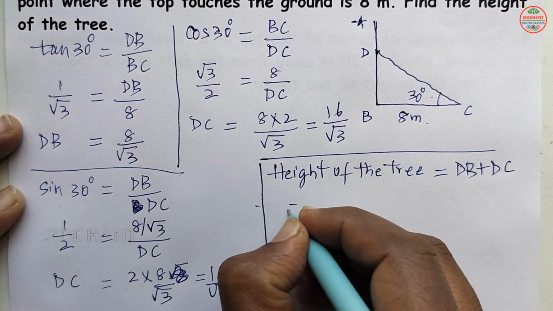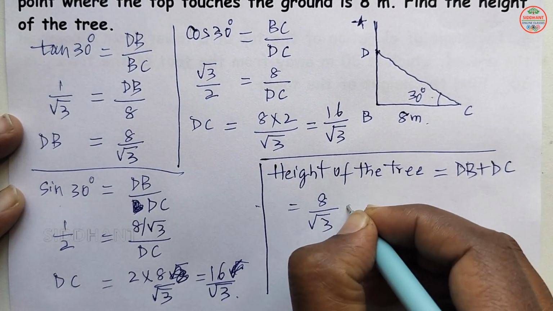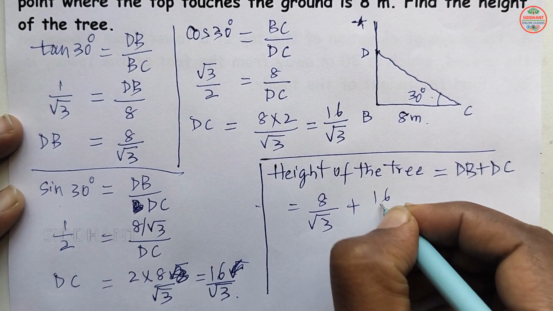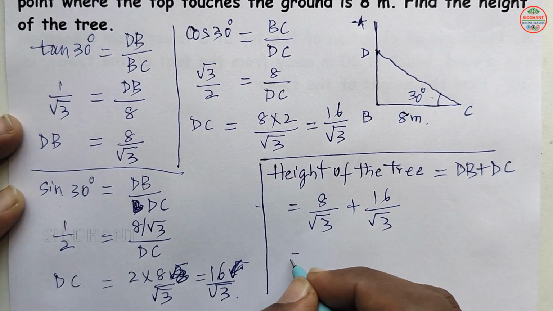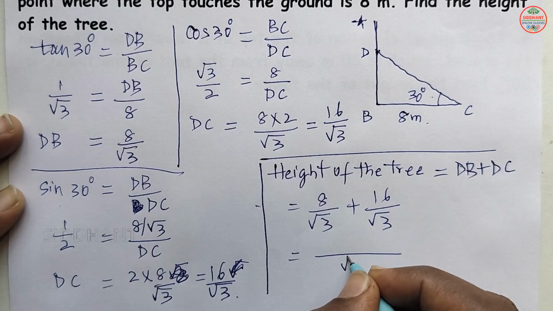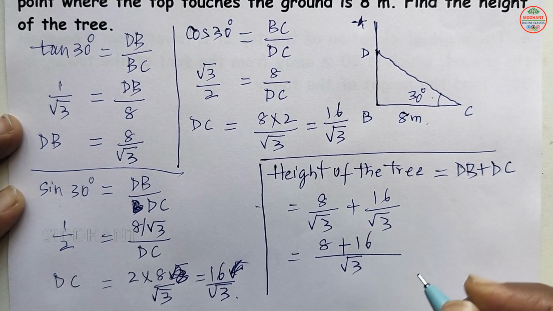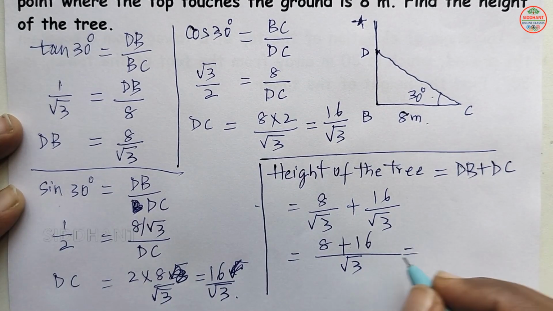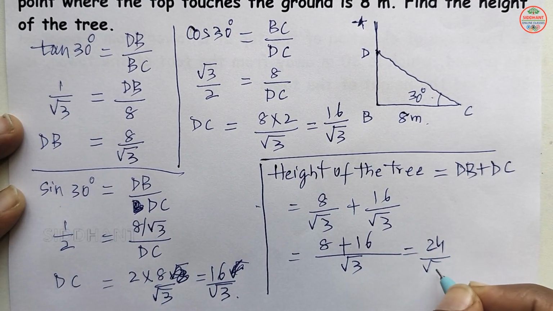DB we got 8 by root 3, and DC we got 16 by root 3. Taking the LCM, root 3 here, 8 plus 16, so that will be equal to 24 by root 3.